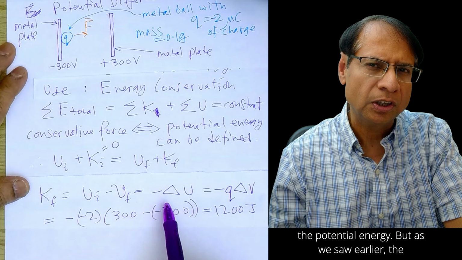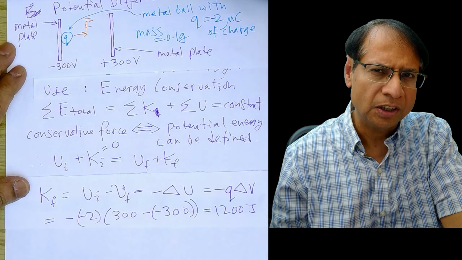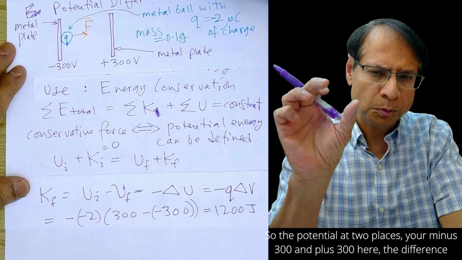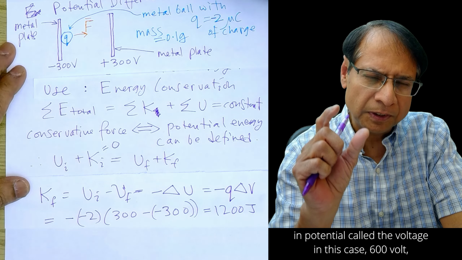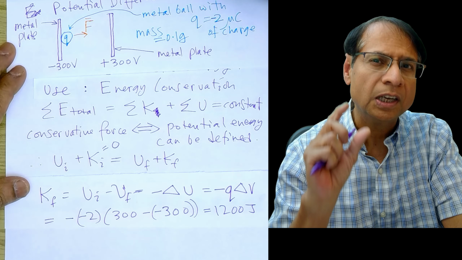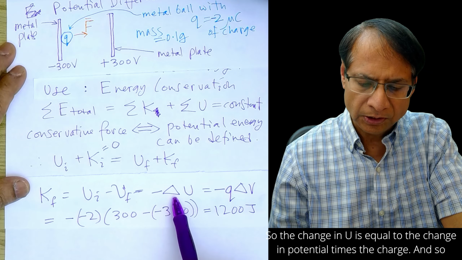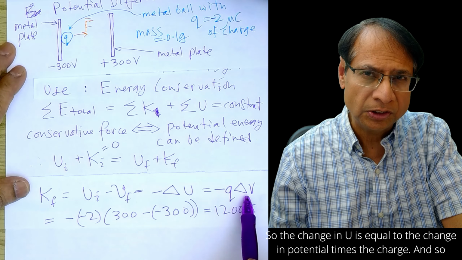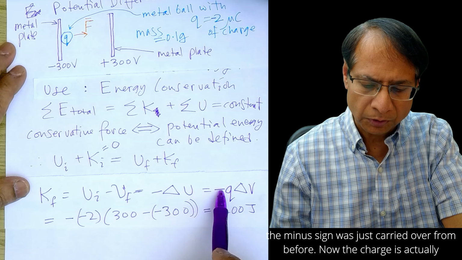But as we saw earlier, the potential energy can be linked to the potential. So the potential at two places, your minus 300 and plus 300 here, the difference in potential called the voltage, in this case 600 volts, can be linked to the change in the potential energy. So the change in U is equal to the change in potential times the charge. And the minus sign was just carried over from before.